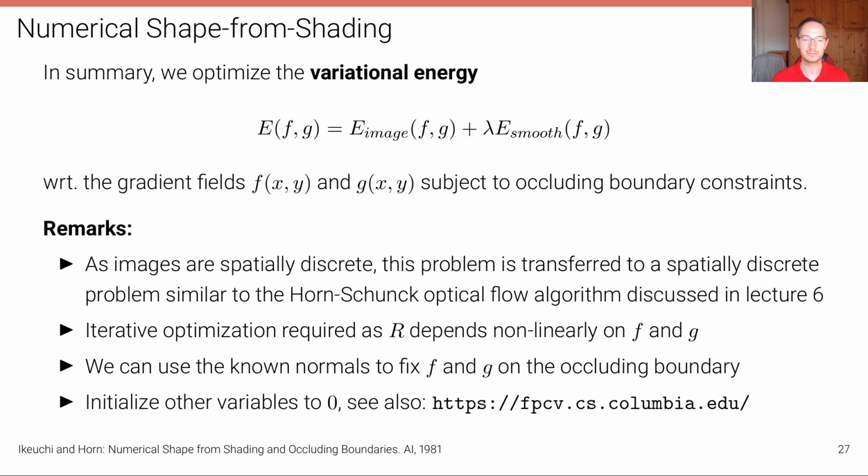So we initialize them to 0 and start the iterative optimization there until the object or the normal map emerges, until it converges, and then we take this converged normal map and transfer it into a geometry, as we'll discuss next. If you want to know more about this technique, I can highly recommend a recent video lecture on this topic from the University of Columbia.